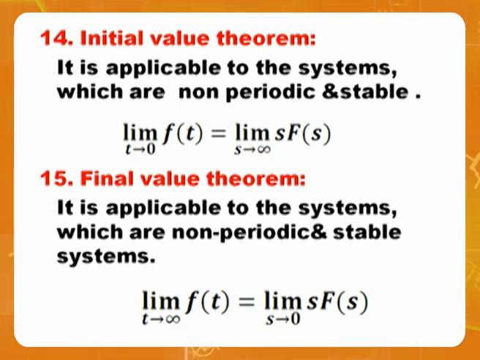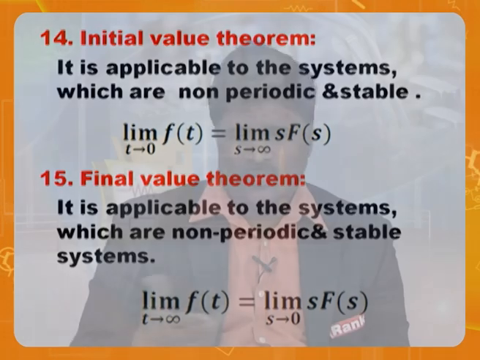What I mean is, if it is a periodic function, what is the initial value? Take for example a sine wave. Starting value is 0. After 2 pi, it's again 0. Then how can you talk about final value for such a thing? Initial value in a sine is 0 for every 2 pi. So you can't use this theorem.